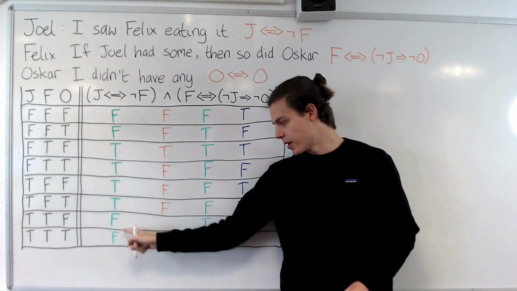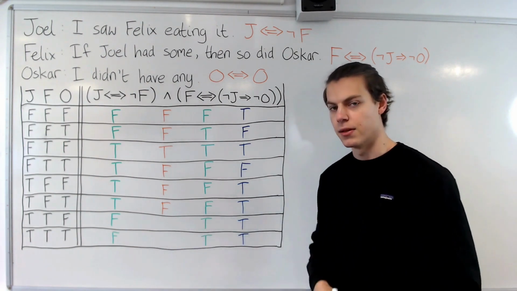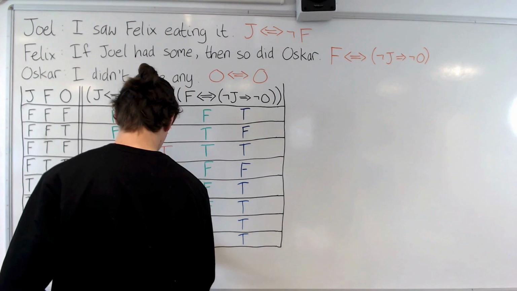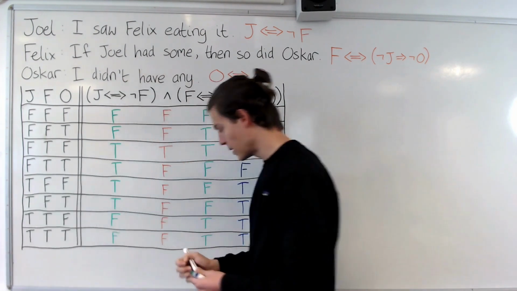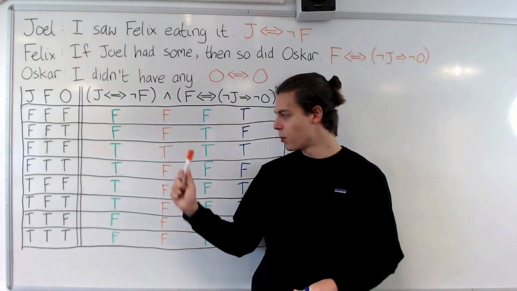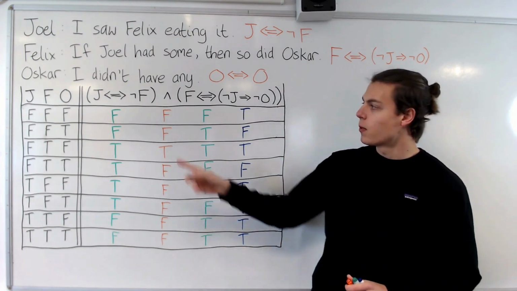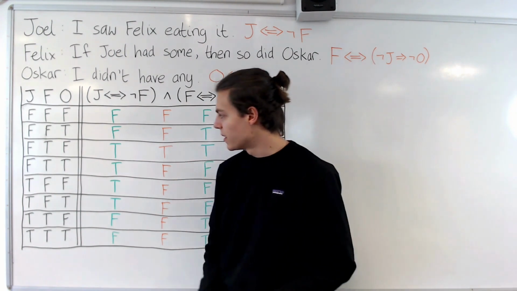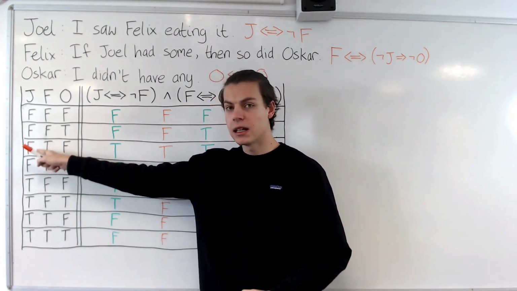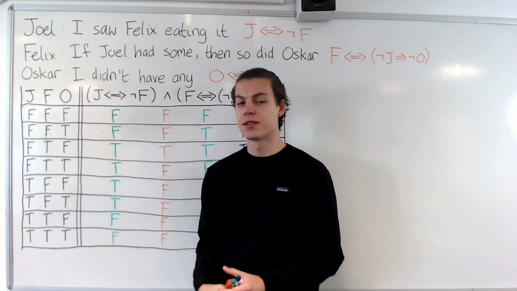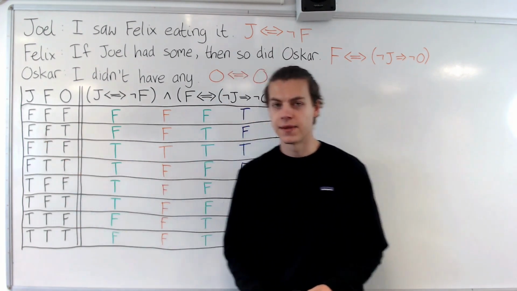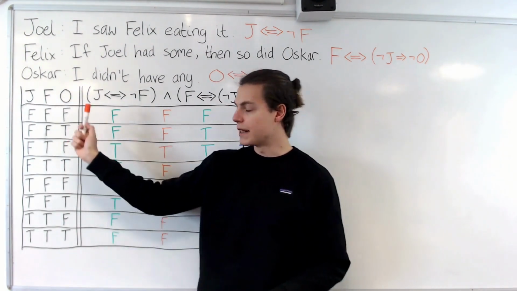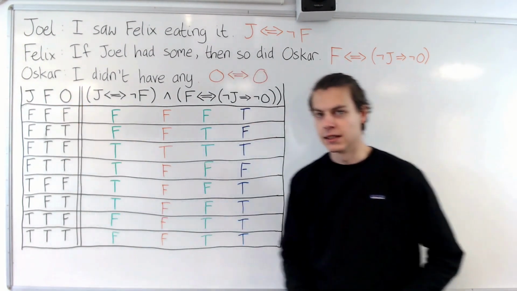And the last two rows, false and true are both false. And so there is exactly one case where all these three statements are true. In particular, this is the case when J is false, F is true, and O is false. So Joel and Oscar are guilty and ate the candy, while Felix is innocent and did not.